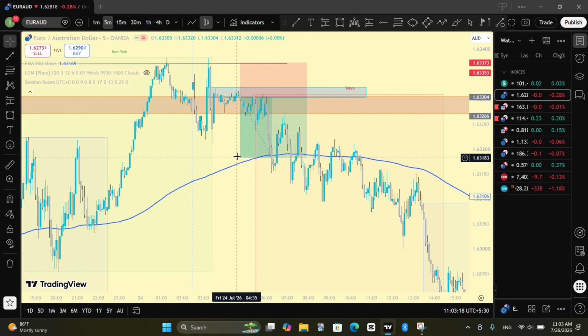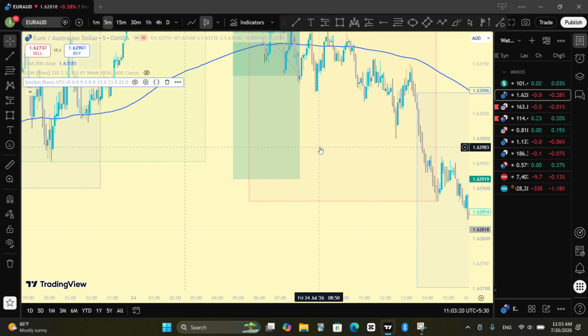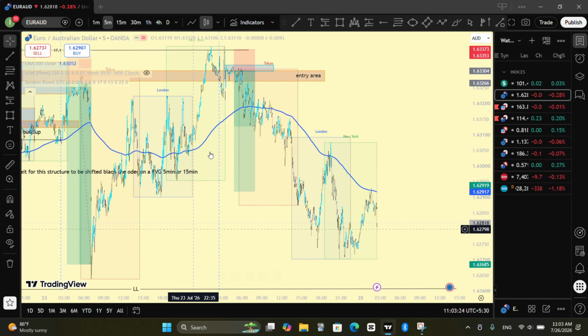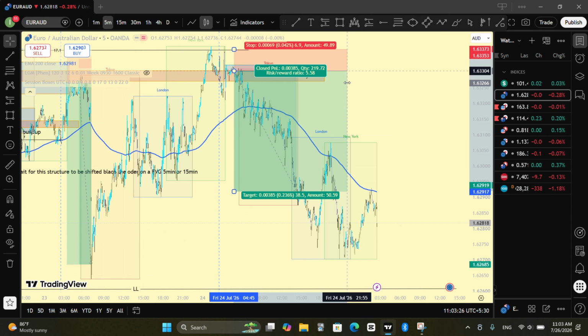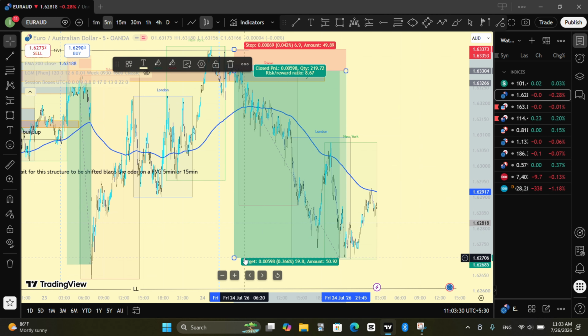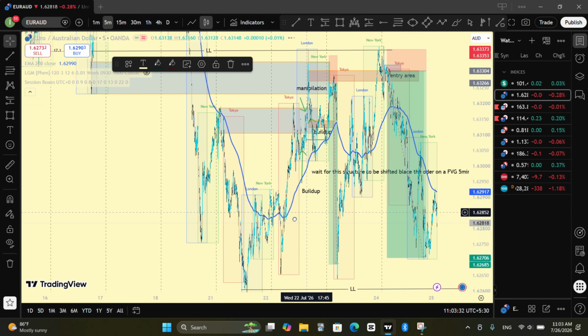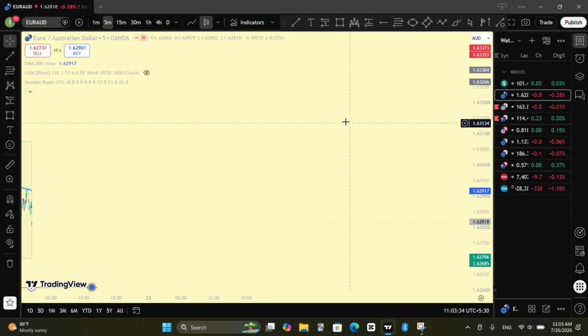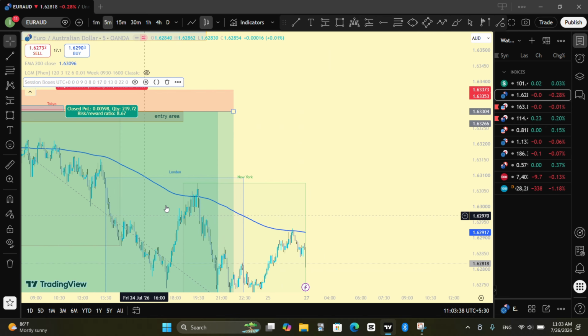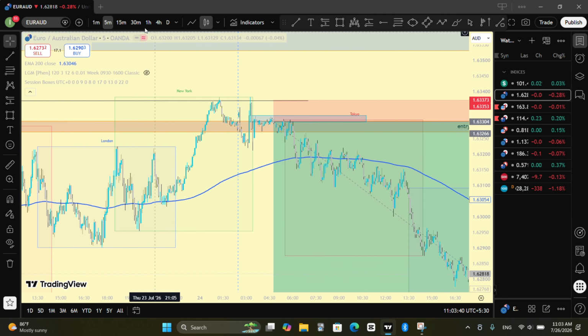Perfect. Then I would take the trade. As you can see, we could get a nice 1-to-8. So also you would have to look for a market structure shift on the 5-minute chart.